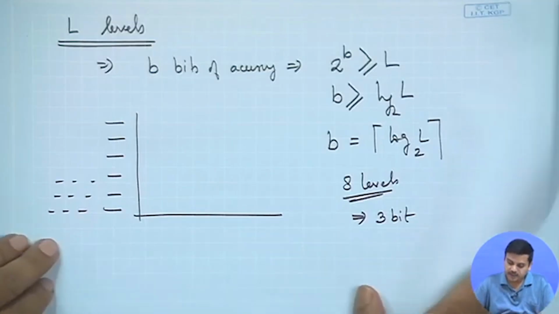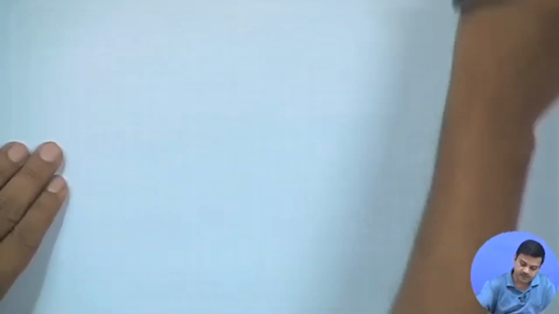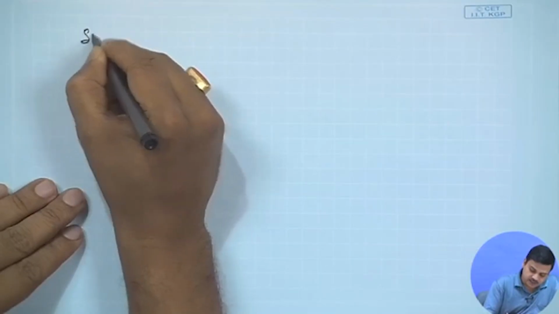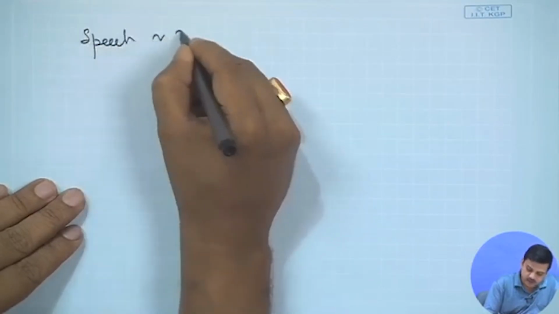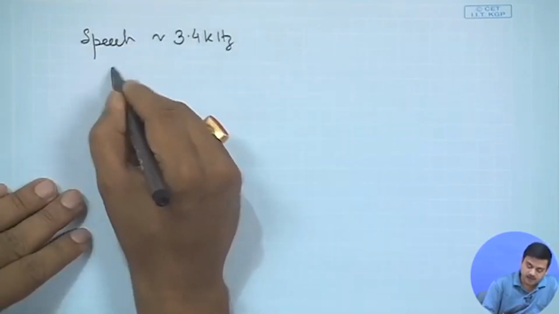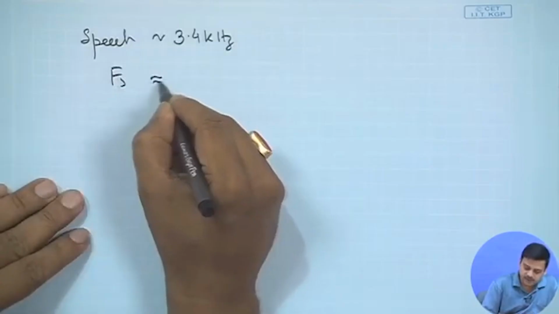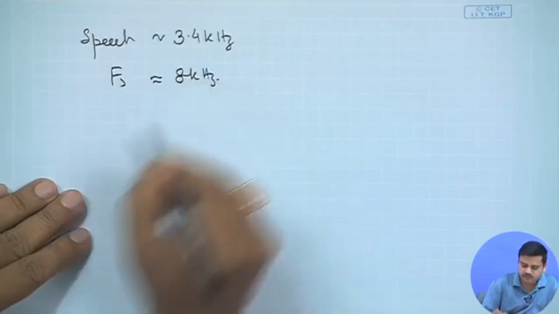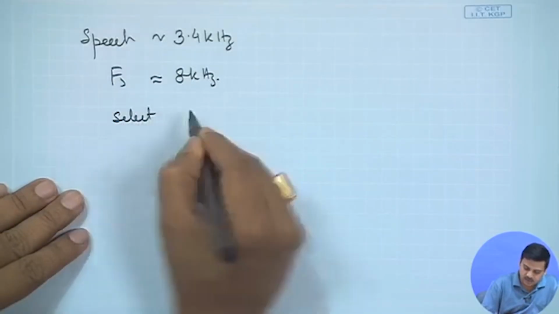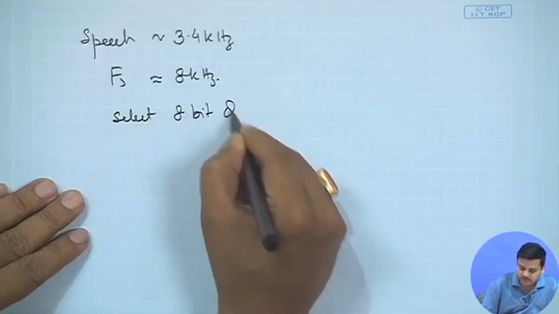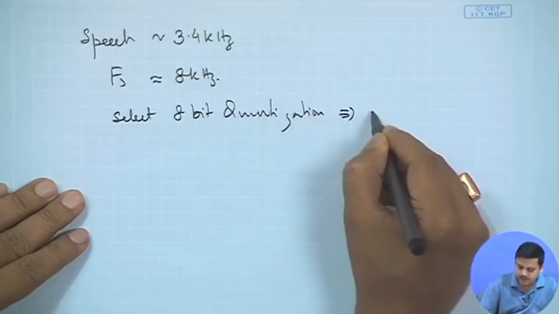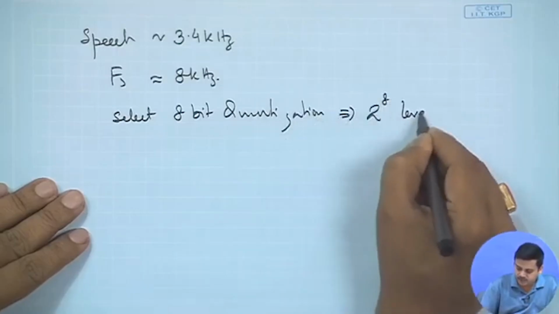A quick example at this point: if we take speech again, we said that speech has approximately 3.4 kilohertz as the max frequency. So, for sampling frequency we select 8 kilohertz. Now, if we select 8-bit quantization, what does it mean? It means you have 2 to the power of 8 levels.